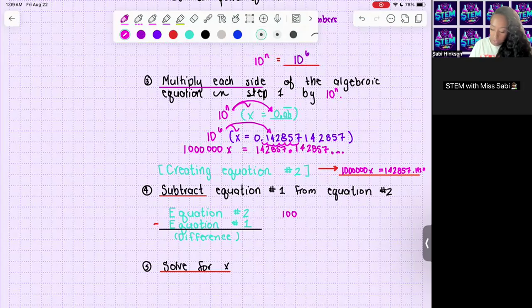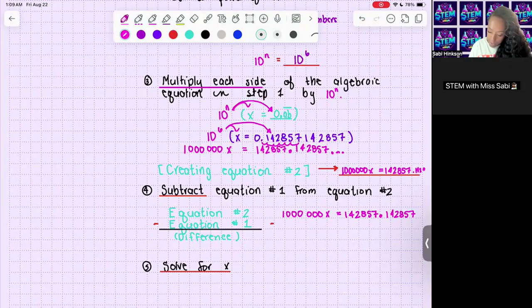So again, equation number 2, 142,857.142,857. Equation number 1.